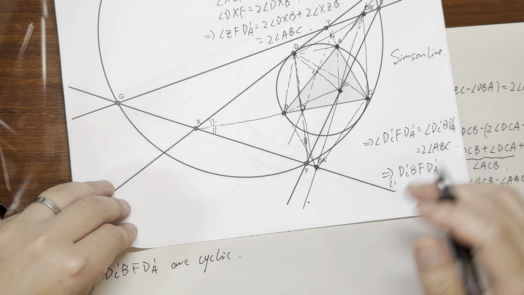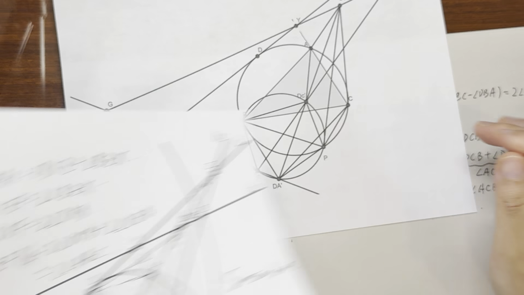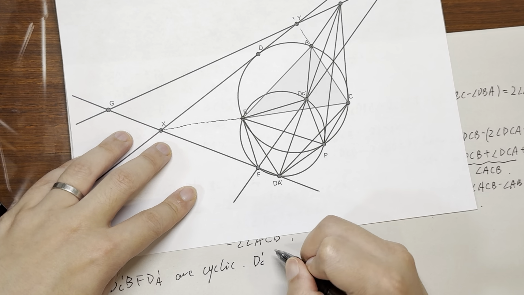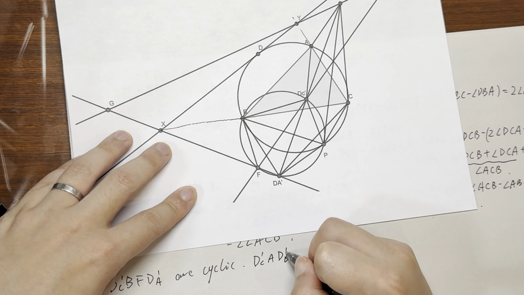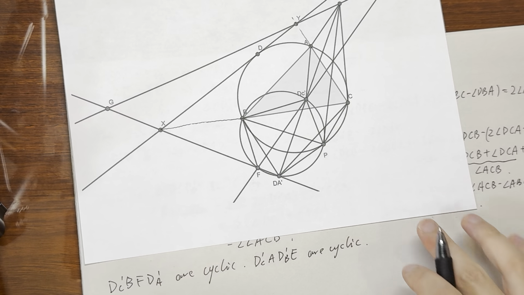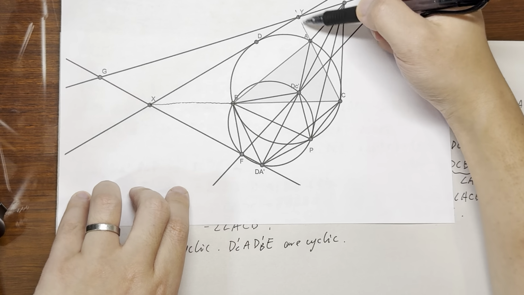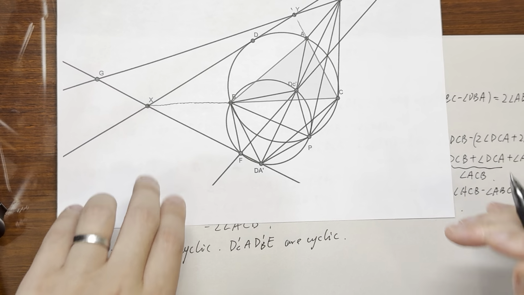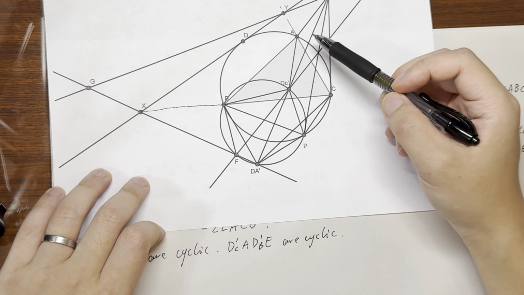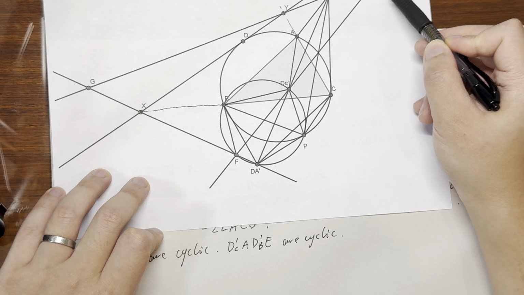And similarly, we can directly prove that DC prime A, DB prime E are cyclic. It's just the same way, right? We find this angle equals twice the summation, and then we can directly prove it.